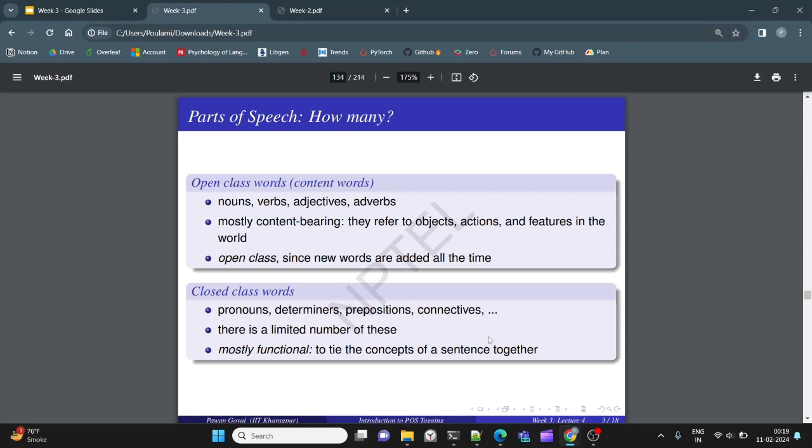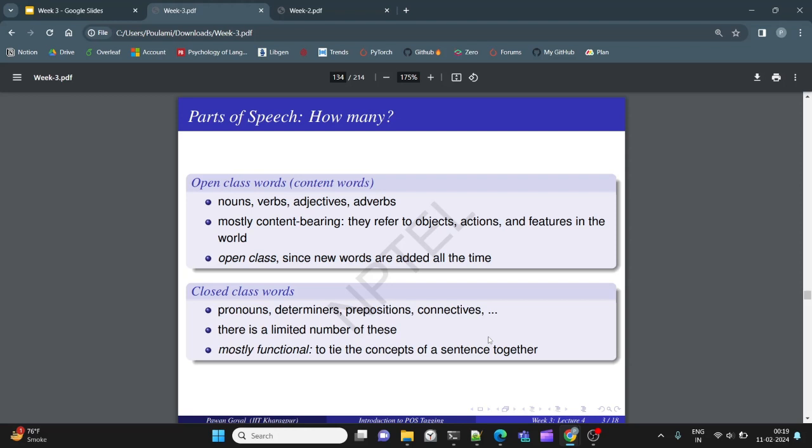So all these things have meaning associated with them. They refer to objects or actions or features, and these are open classes, that is, new words are being added to these classes of words all the time.